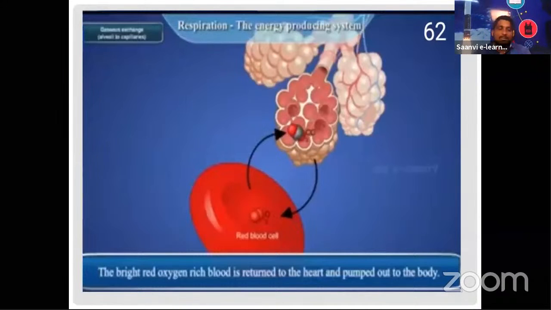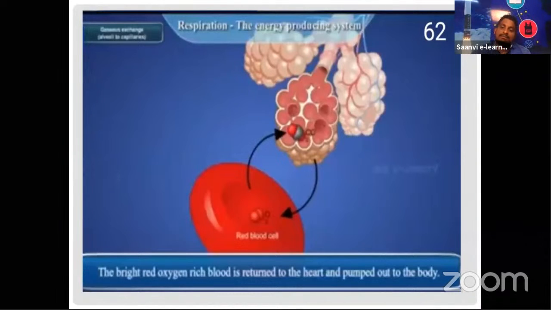So which blood is reaching the heart? The bright red oxygen-rich blood is returned to the heart. After that, from the heart, it is pumped to all the body parts.